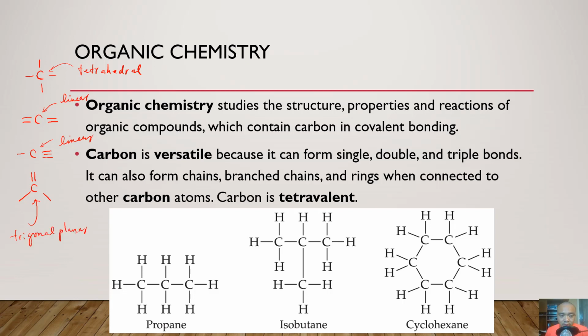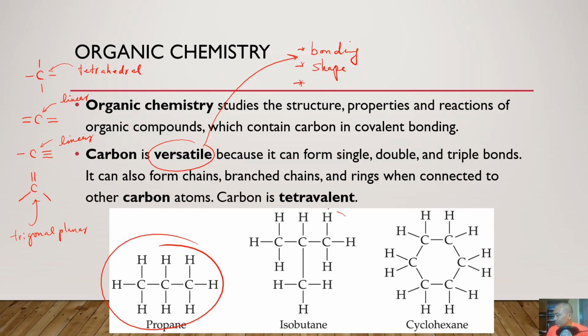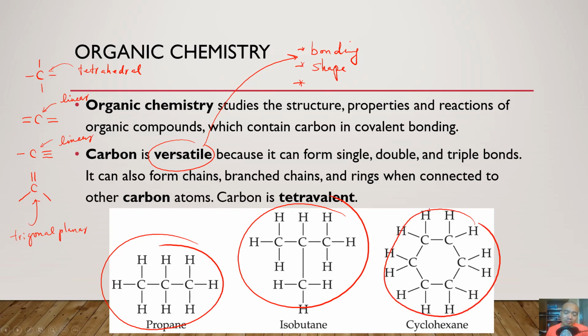So as you can see, carbon is very versatile in terms of different types of bonding and in terms of different shapes. Some are linear, some are branched, and some are even ring shaped. As you can see in these 3 different structures, 1, 2, and 3, the carbon atoms are connected with each other to form different structures.